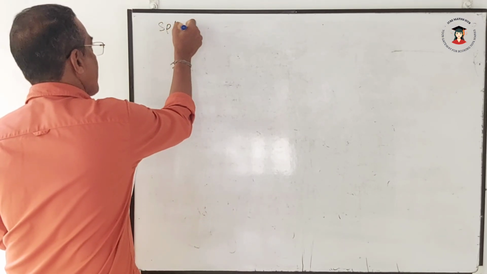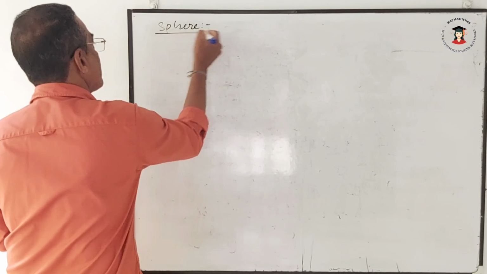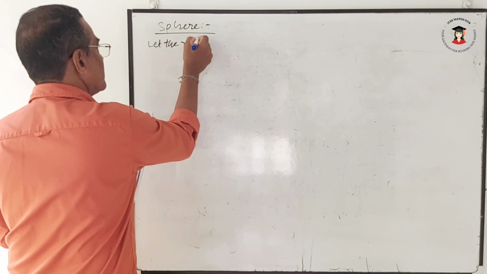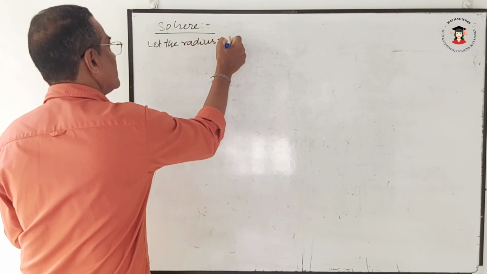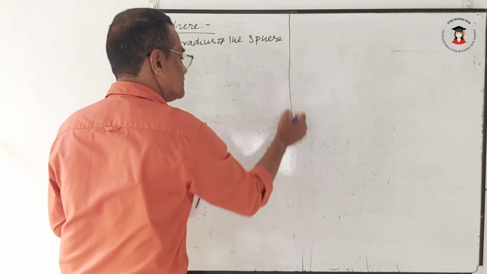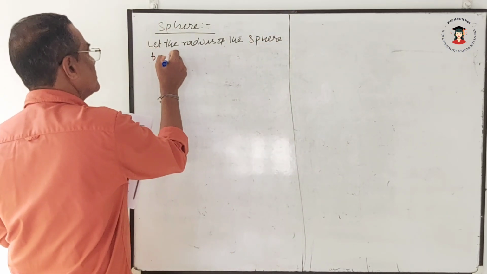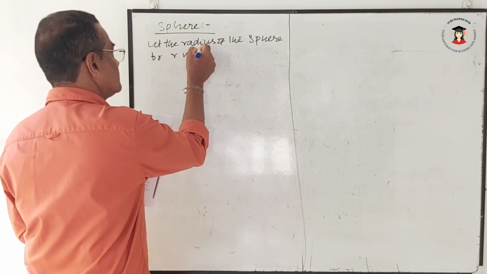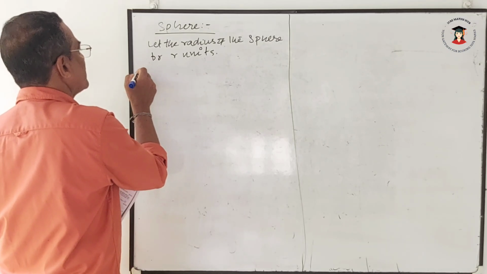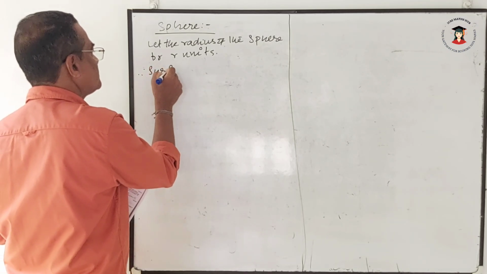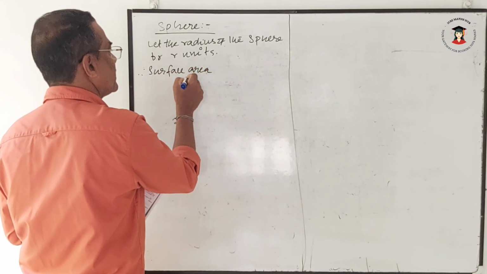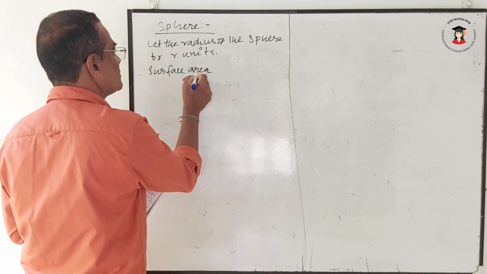Sphere. Let the radius of the sphere be r units. Therefore, surface area equation is 4 pi r square.